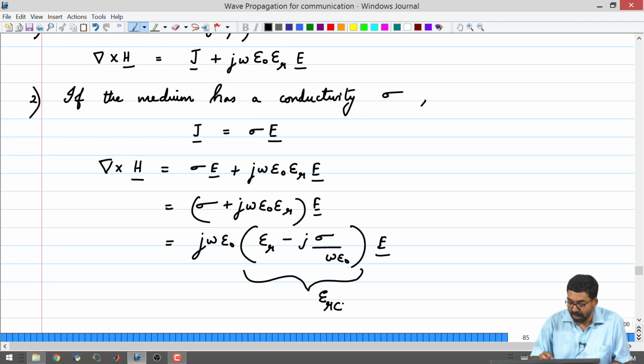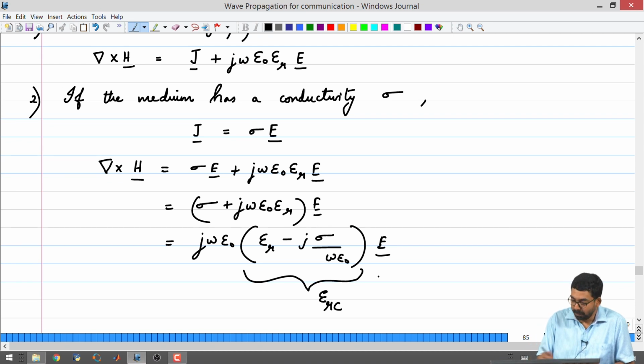So, previously we had j omega epsilon naught epsilon r E. Now, we have created a new term, it has a real part and an imaginary part, and we call this epsilon suffix r c, meaning that let us assume that the relative permittivity is a complex number, then we can account for the conduction current density also.